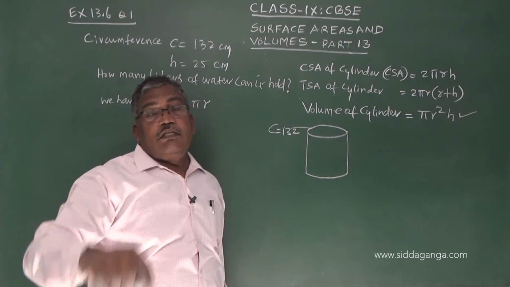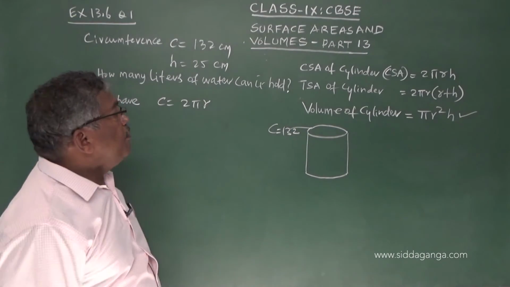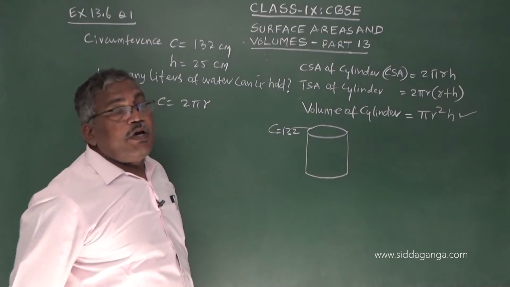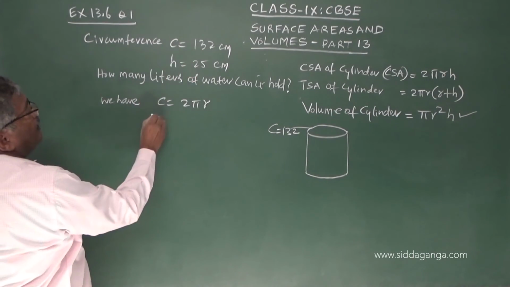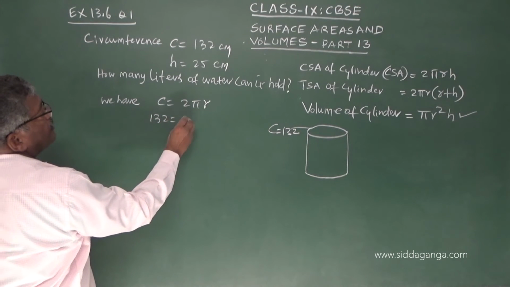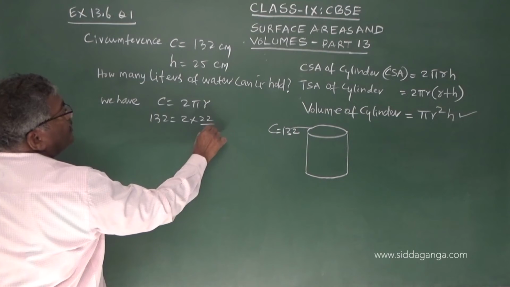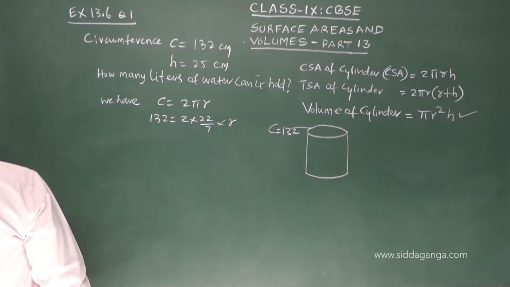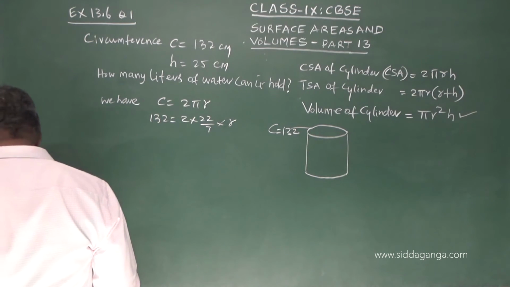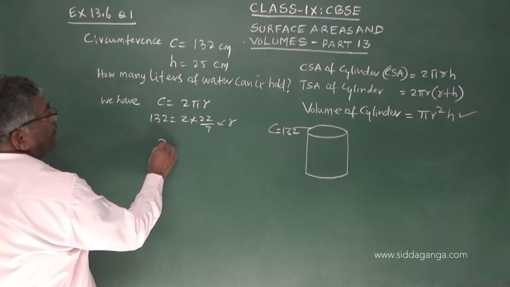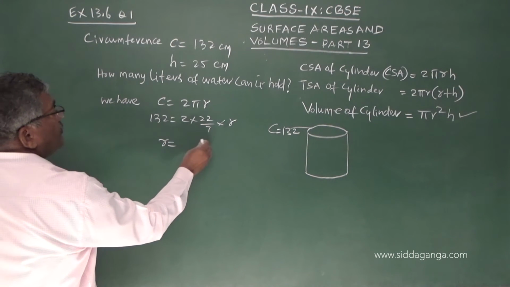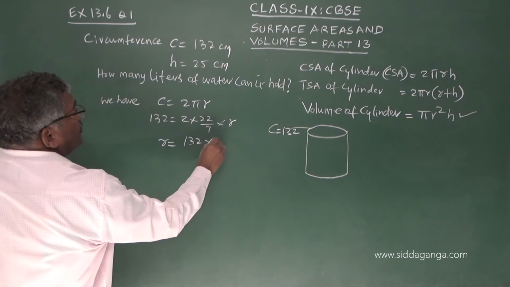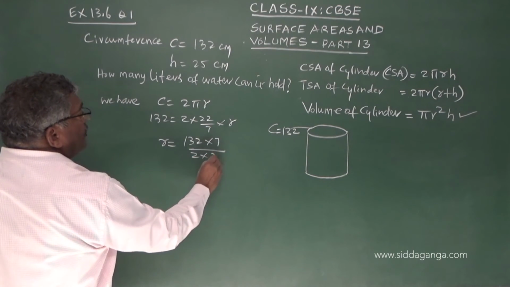Circumference is pi d or 2 pi r, you remember that. So this one round is 2 pi r. C is given, 132 equals 2 into 22 by 7 into radius. Now R will be equal to 132 into 7 by 2 into 22.